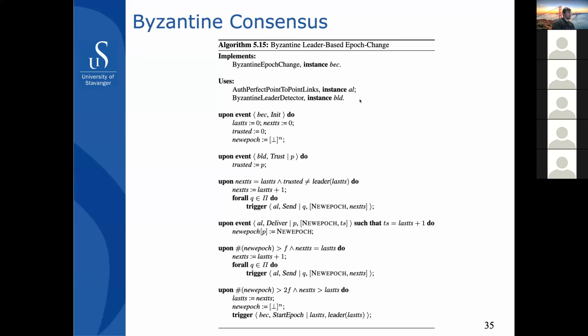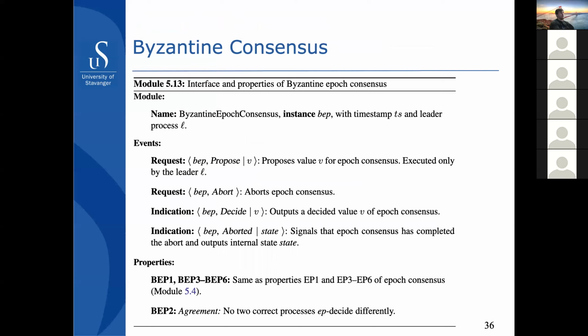And complements to the epoch change, there is of course the epoch consensus abstraction, and now there is a change with the agreement protocol here, because now we no longer have guarantees about faulty processes, because remember, they can not follow the protocol at all, so we cannot give some guarantees that they cannot just decide on their own.